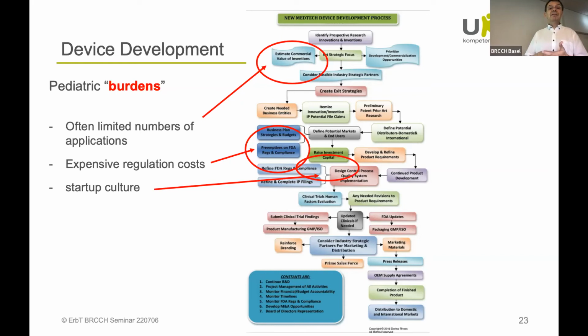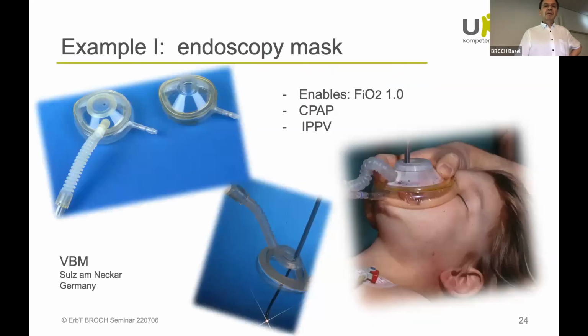On the other hand, passing these regulations is very costly, and it's even more costly when applied in children. And all of this is usually done with risk investment capital in a startup culture. So you want to introduce a device and make as much money as you can. And usually in the context of medical care in children, this is not really easily achievable.